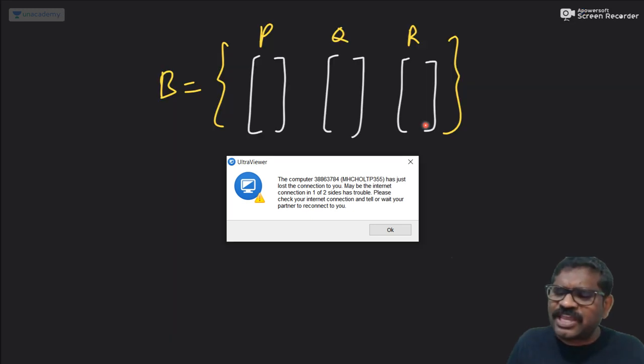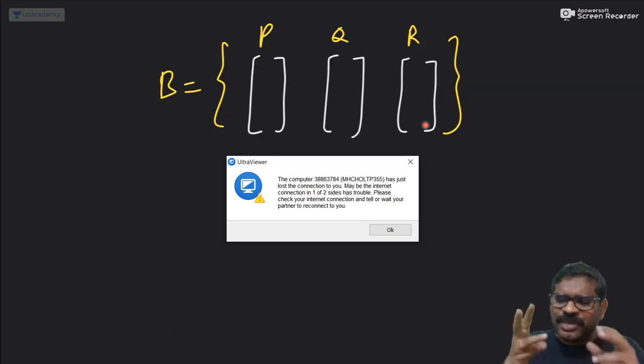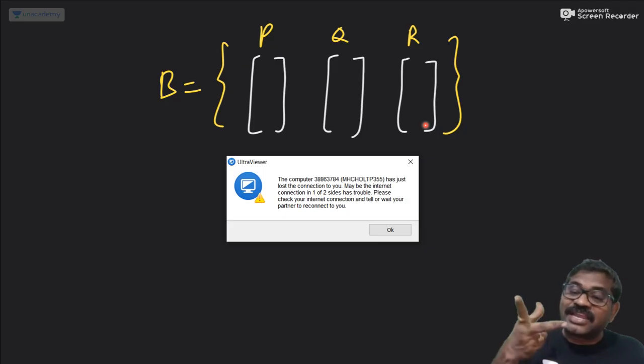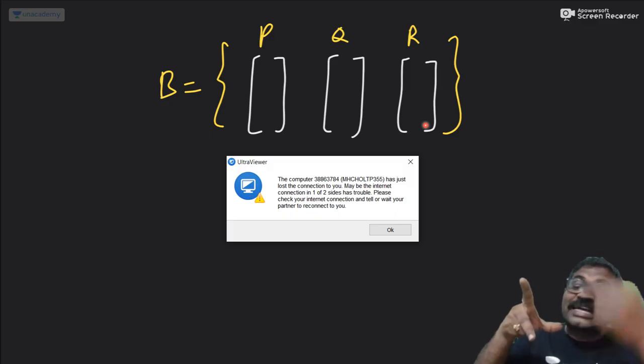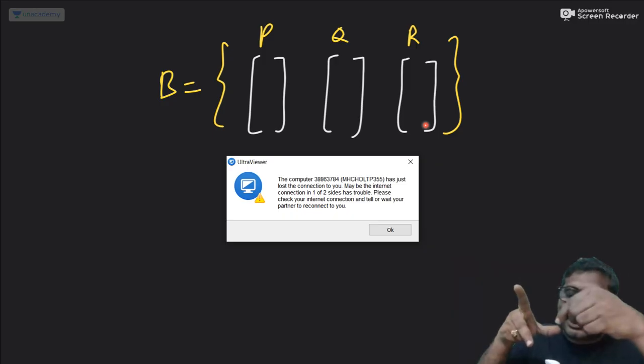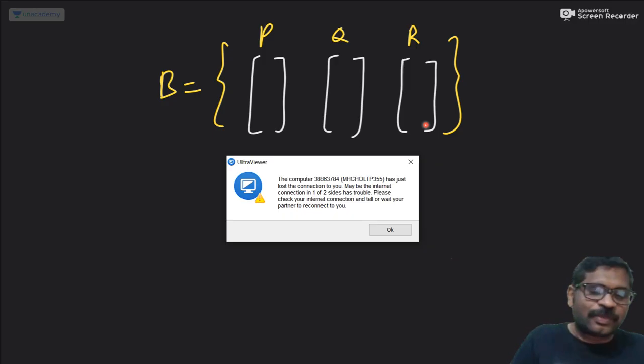Actually, these PQR are three independent vectors in a three-dimensional space. Suppose PQR forms a three-dimensional space like this.